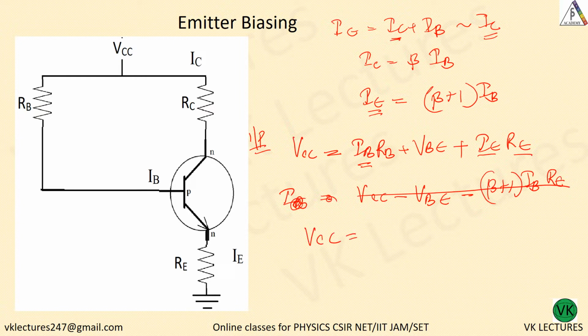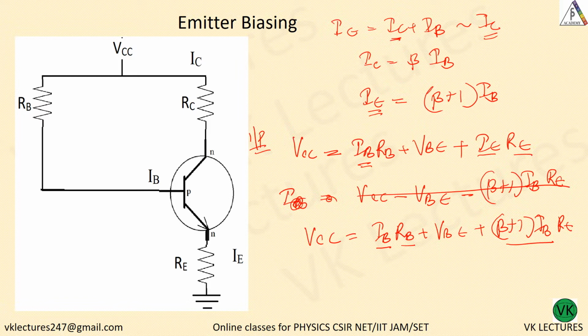VCC equal to IB times RB plus VBE plus, instead of IE, beta plus 1 into IB times RE. Alright. So beta plus 1 IB into RE is there. IB into RB is also there.